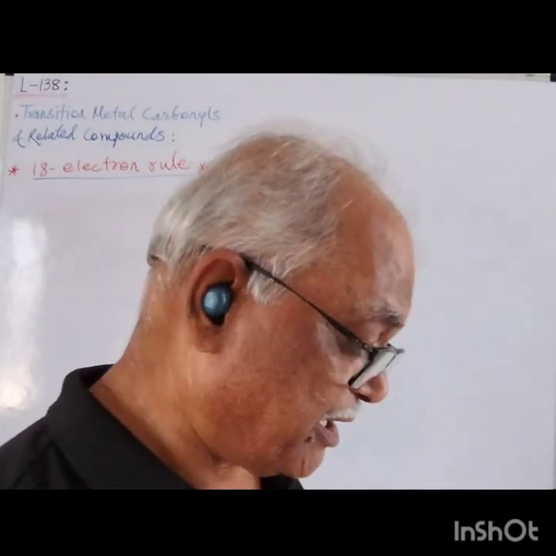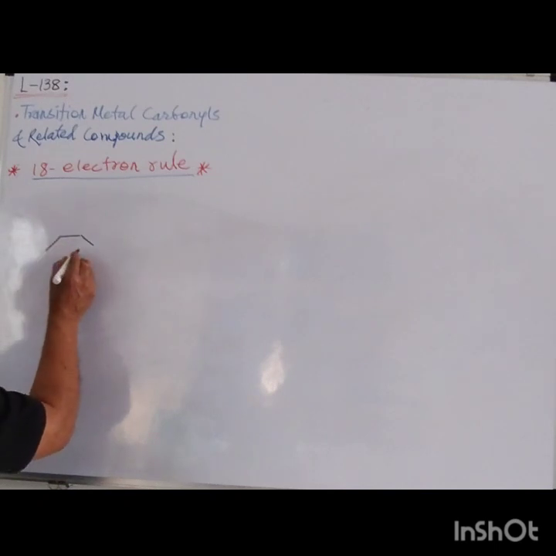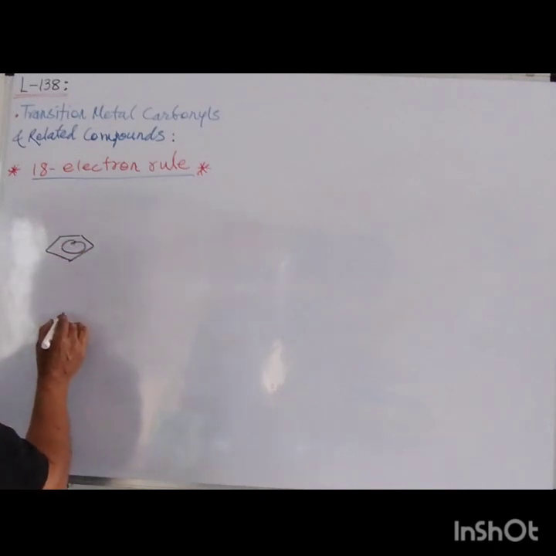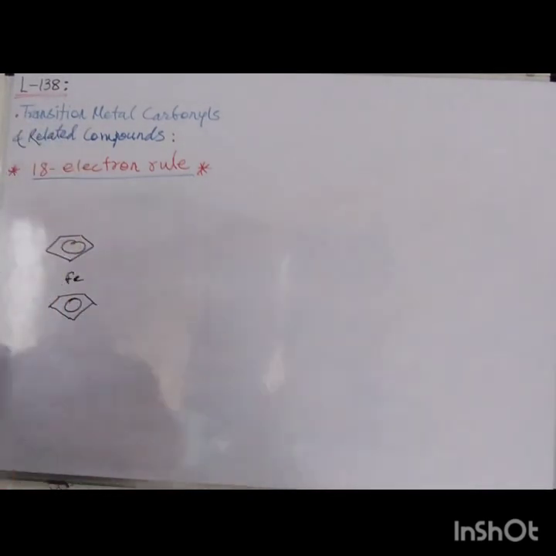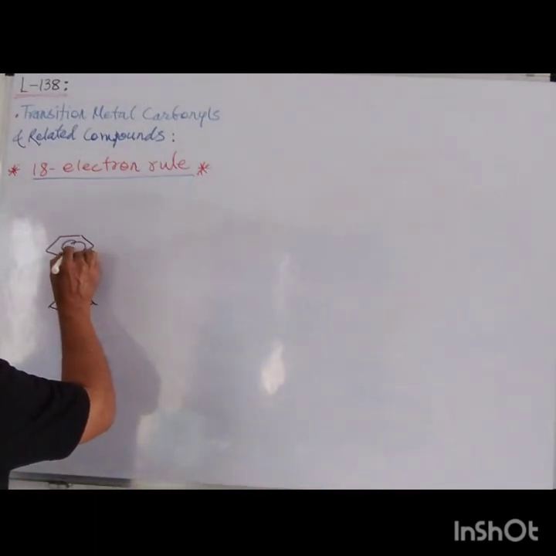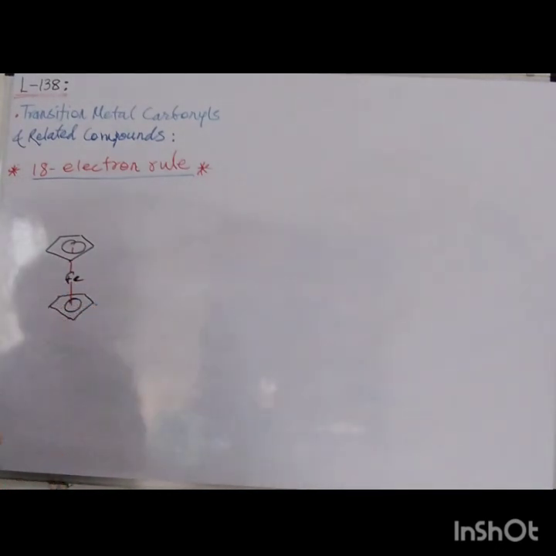Another example we can have is this structure, which shows that Fe is bis cyclopentadiene.